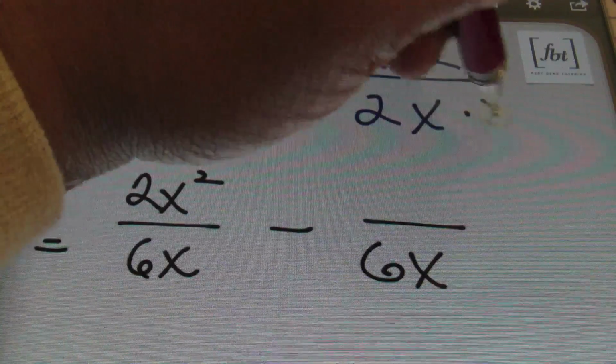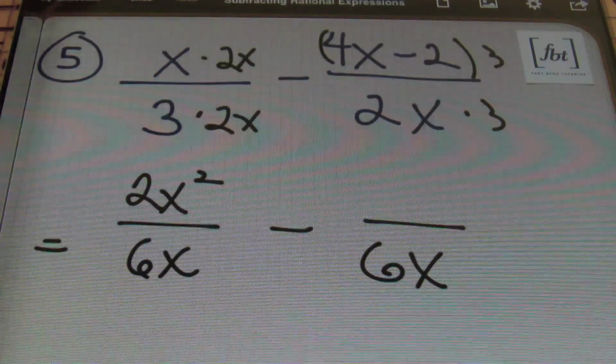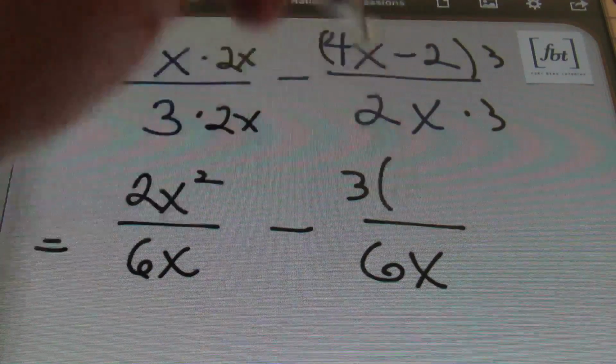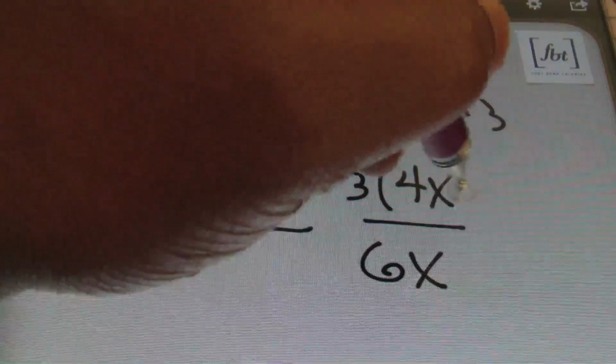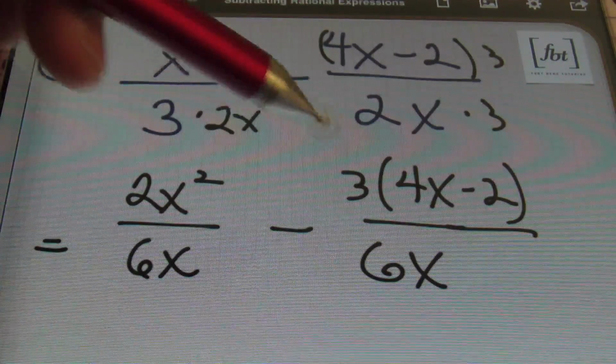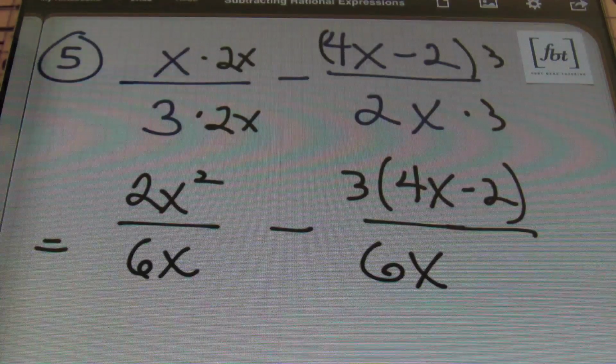So since 2x was multiplied by 3, this 4x minus 2 will also need to be multiplied by 3. So doing that, I'm going to take my time here and write this as 3 times 4x minus 2. I'm going to write it just like that, just showing the fact that I had to multiply this by 3 because my original denominator was multiplied by 3.